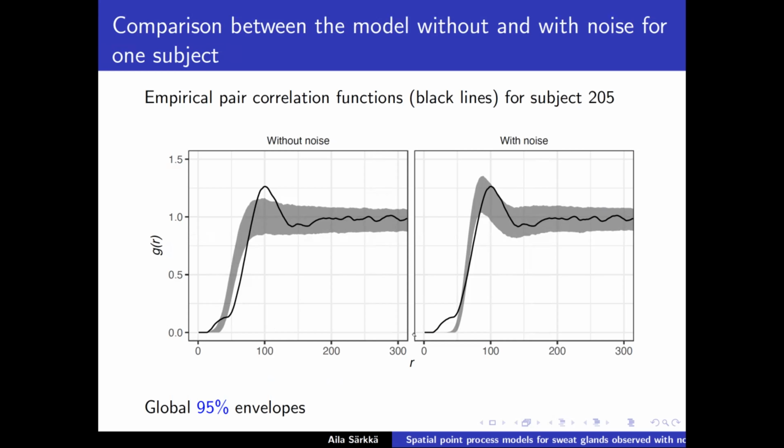It doesn't fit here, but the reason is that we wanted to model the sweat glands and not the noise. So we simulated the envelopes without the noise, using just the new soft core parameters. That's why we didn't even expect it to fit here, because these points are not real.